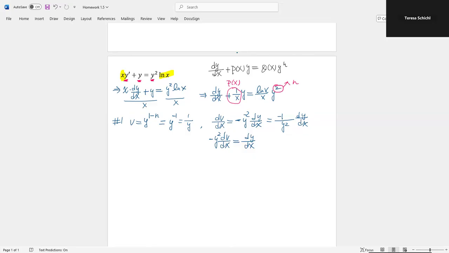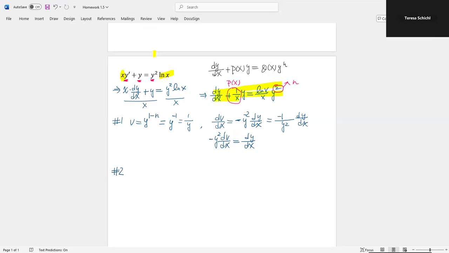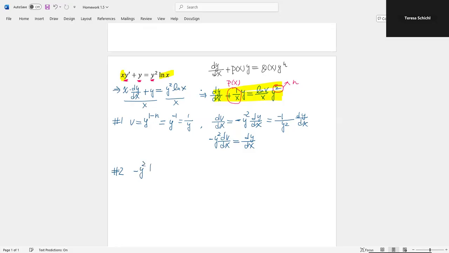I just changed my dy/dx to be a function of dv/dx. Now I need to replace it in my original Bernoulli equation. This gives me negative y squared dv/dx plus 1 over x times y equals ln x over x times y squared. After that, we need to simplify a little bit.